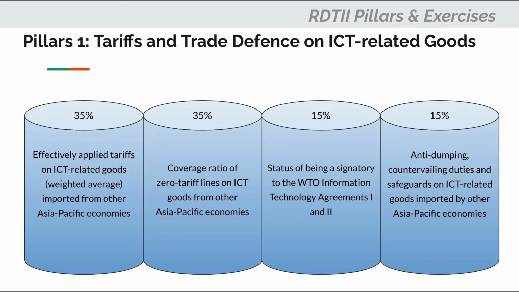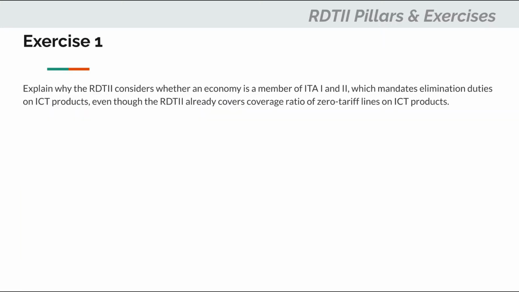Furthermore, the fact that an economy is not a member of the ITA 1 or 2 does not mean that its tariff rates are restrictive, as long as the economy does not impose tariffs on a number of ICT products. That's why the last subpillar was given a lesser weight. Here is the exercise question for the first pillar.